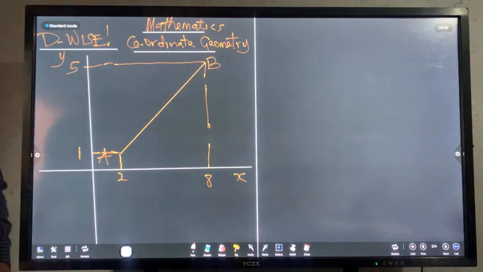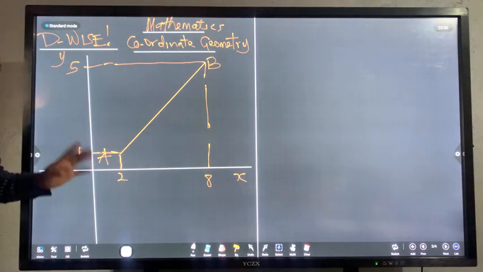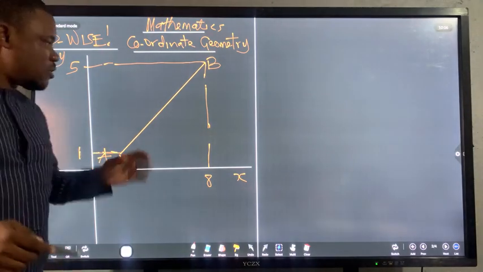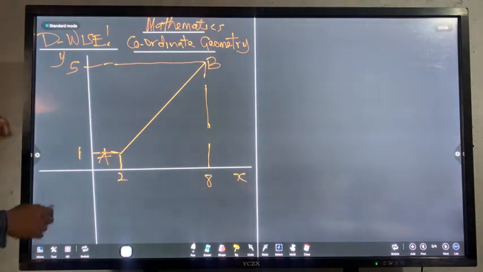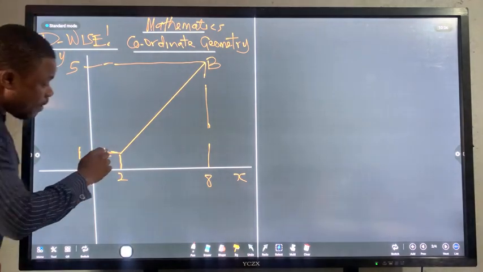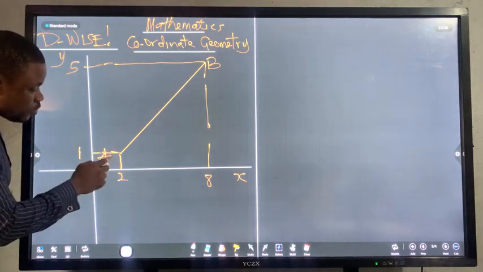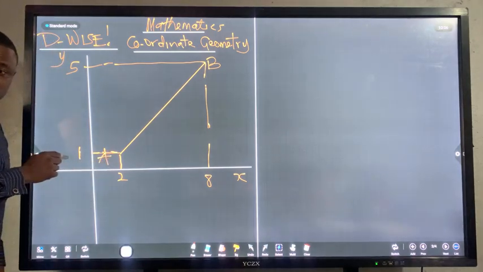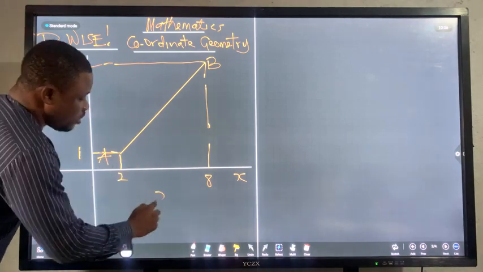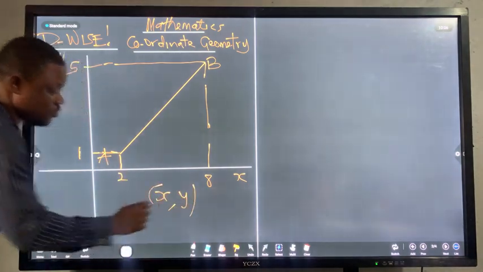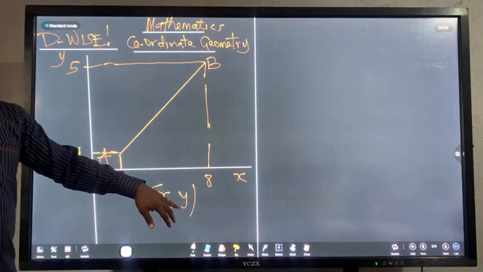If I'm asking you for the coordinates of A, let's talk about coordinates of a point. You guys already know that, so I'm not going to waste time there. Coordinates of A is going to be 2 and 1, because your coordinates will fit into the x and y values.